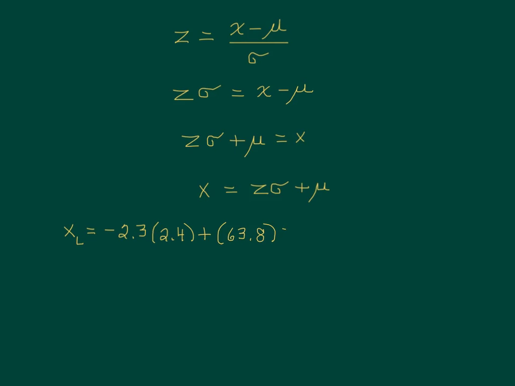So let's get a calculator and find out our left-hand x value, which is our left-hand height, minimum height. And what we get here is a height of 58.28 inches. That's our left-hand height.